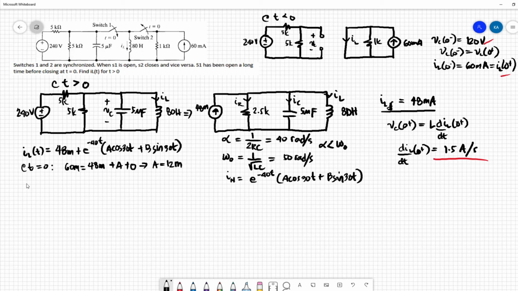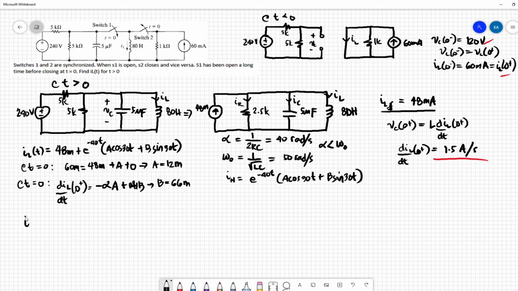Having this equation, then getting the value at t equals 0, our diL/dt at 0 plus is equivalent to negative alpha A plus omega d B. So getting the value of B is equivalent to 66 milli.